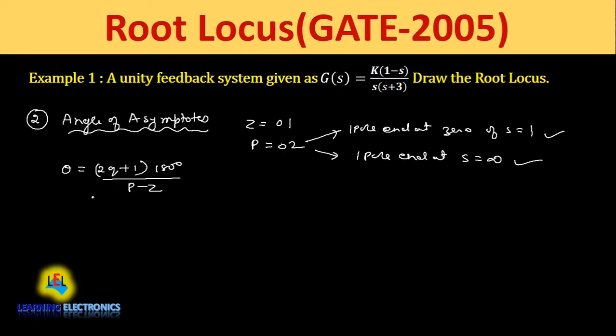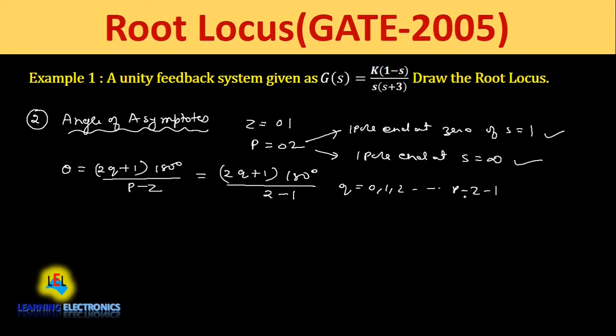The formula for the angle of asymptote theta is (2q + 1) times 180 divided by p - z. When we put the p and z values, we get (2q + 1) times 180 degrees divided by 2 - 1. We have to find the range of q here. q takes the values 0, 1, 2 up to p - z - 1.